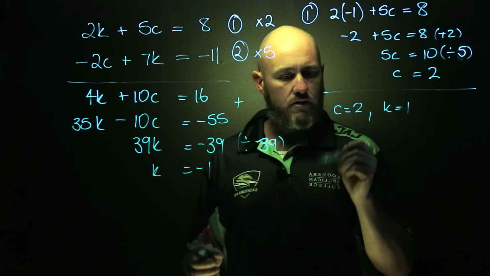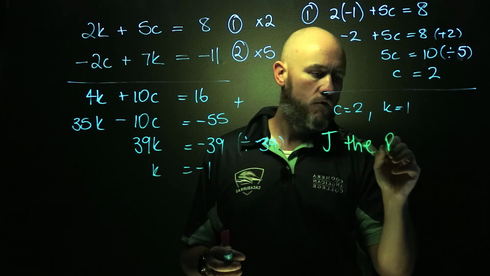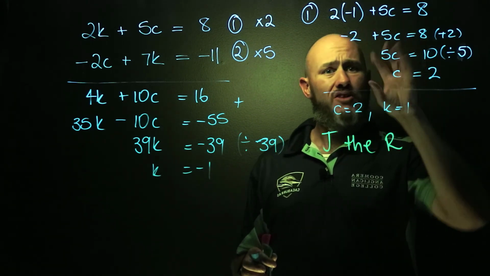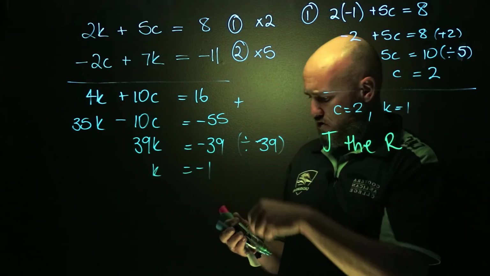And because it's the last example, let's JTR. That is, justify the reasonableness. Now I've just gotten my c value, the last value I got from equation 1, so let's JTR in equation 2.